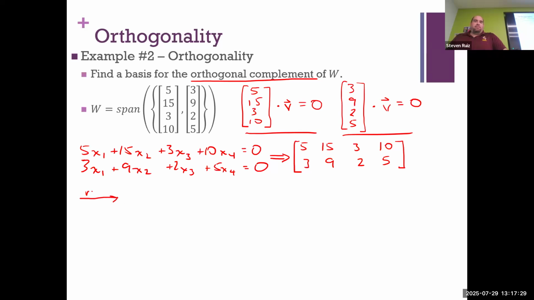So if we reduce, we get 1, 3, 0, 5, and 0, 0, 1, -5.